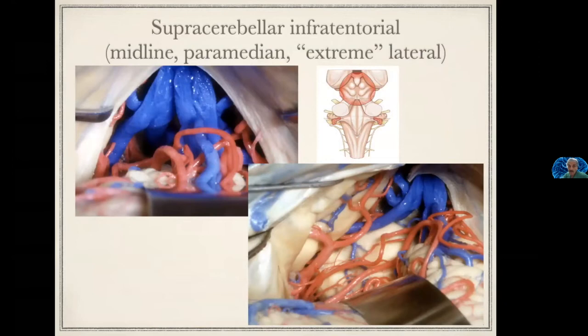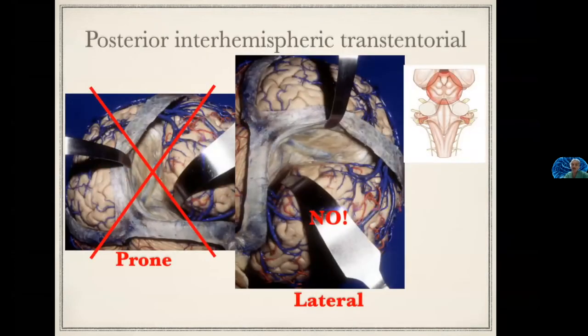I love this approach. Supracerebellar infratentorial paramedian is usually my favorite as opposed to the midline. That's best for the dorsal midbrain, as you can see. Posterior interhemispheric transtentorial.